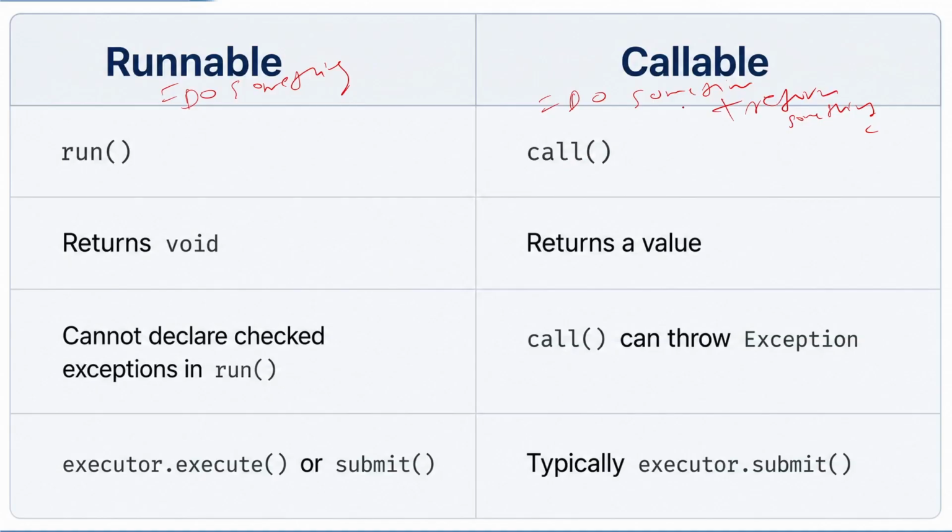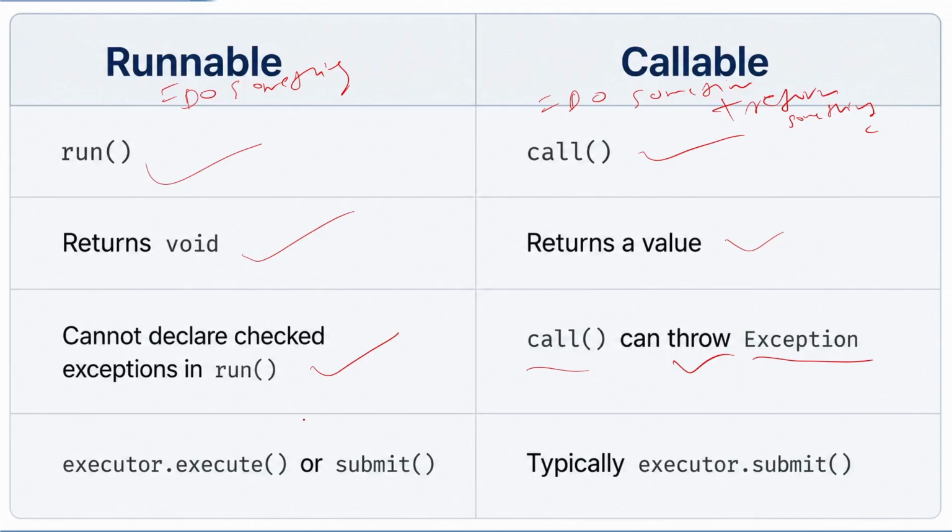Method wise, both are functional interfaces, but Runnable has the run method and Callable has the call method. The run method return type is void, the call method return type is a value. Callable is generic, so whatever type we provide as the generic becomes the return data type. Run cannot declare checked exceptions, but in call we can have the exception.